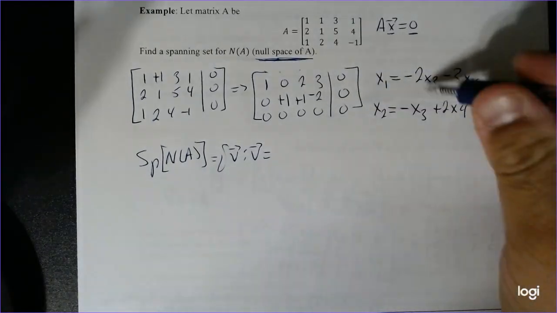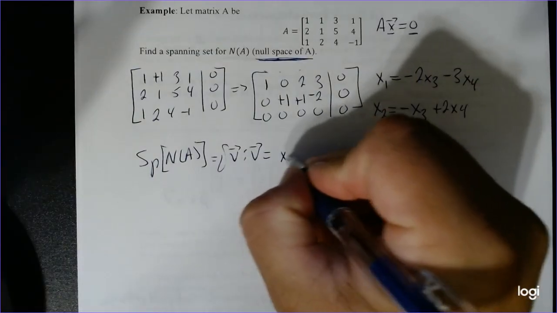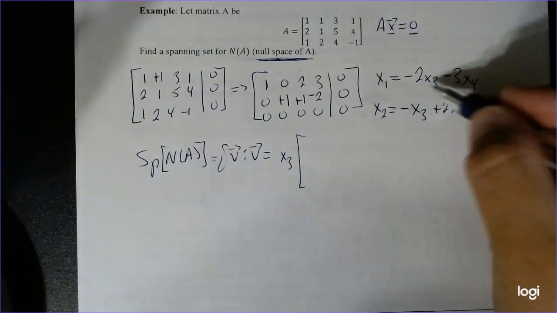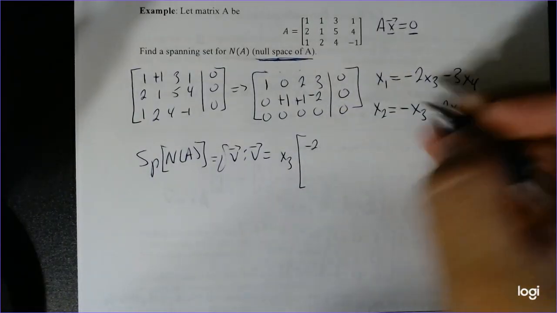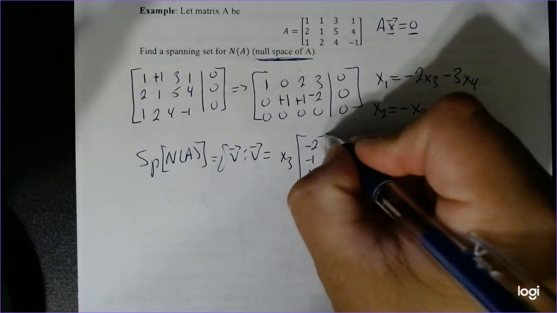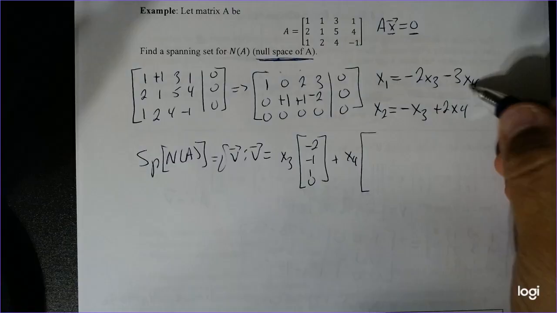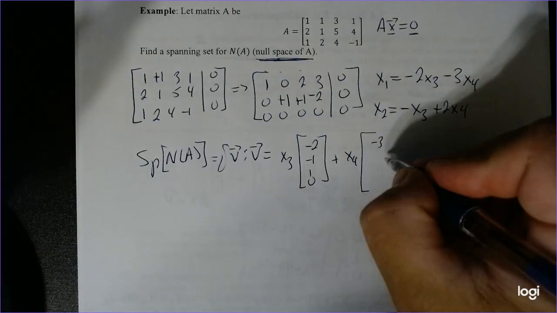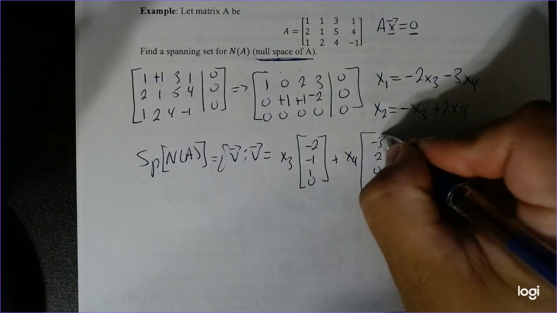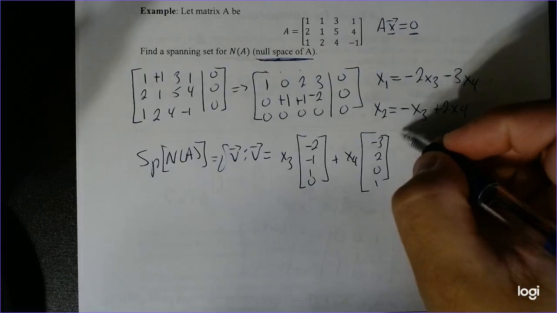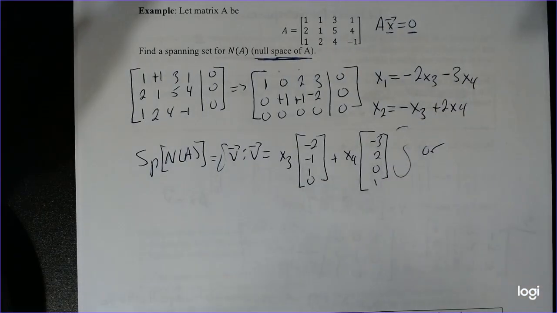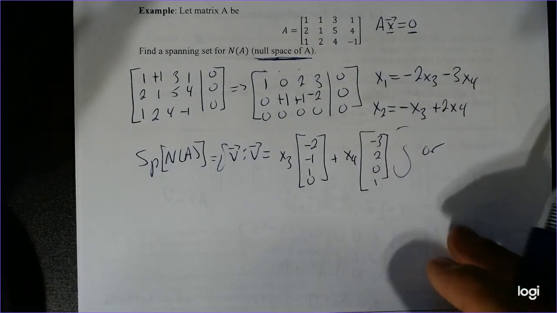So we have two independent variables. x3 is our independent variable, so this is -2, -1, 1, and 0, plus x4 times -3, 2, 0, 1. Or you can actually give me the actual vectors themselves.